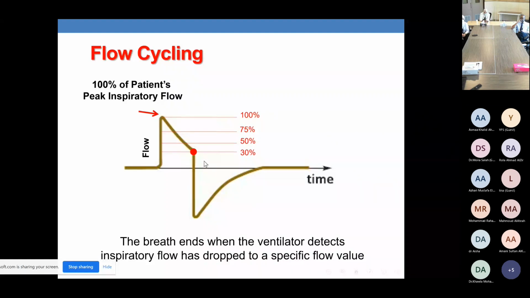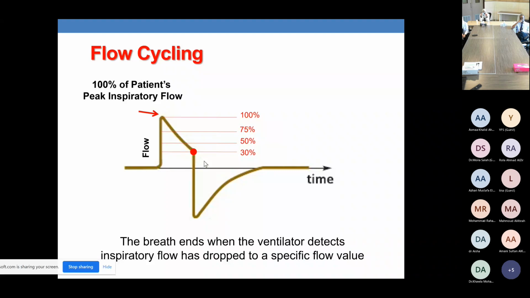So again, for the cycling, which means the stopping, we said there are 2 types. Is it time or flow? Cycling means the time you open the exhalation valve to stop the inspiration and start the expiration. This is called cycling. Now, time cycling is used in all the other modes of the ventilator, while flow cycling is only in pressure support ventilation.